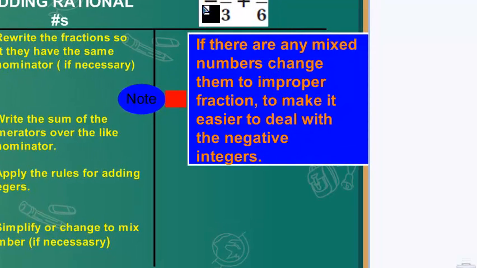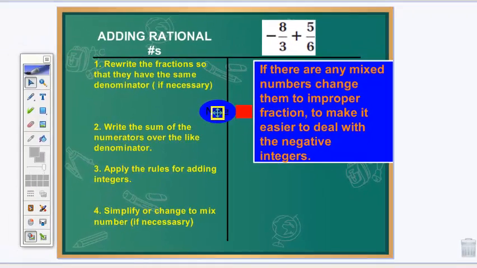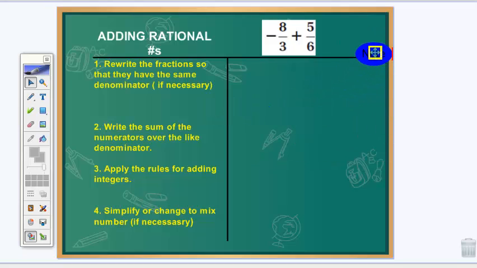Because of the negative symbol, it would make it a little harder and more confusing to add and subtract them. So we change them to improper fractions to make life easier. But since in this example there's no mixed numbers, we do not have to worry about that.